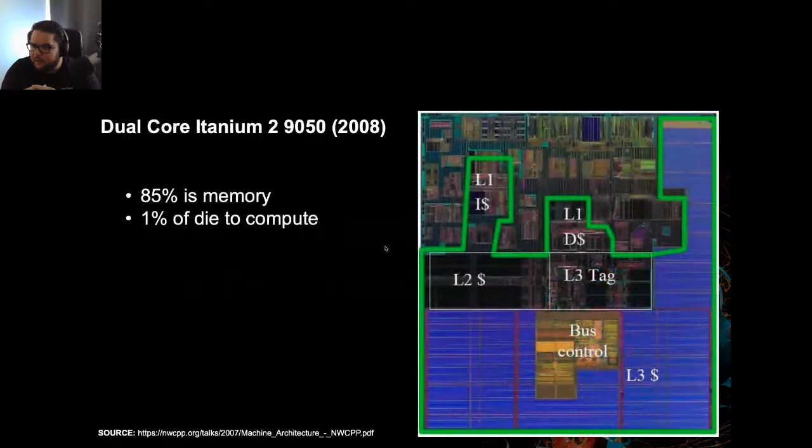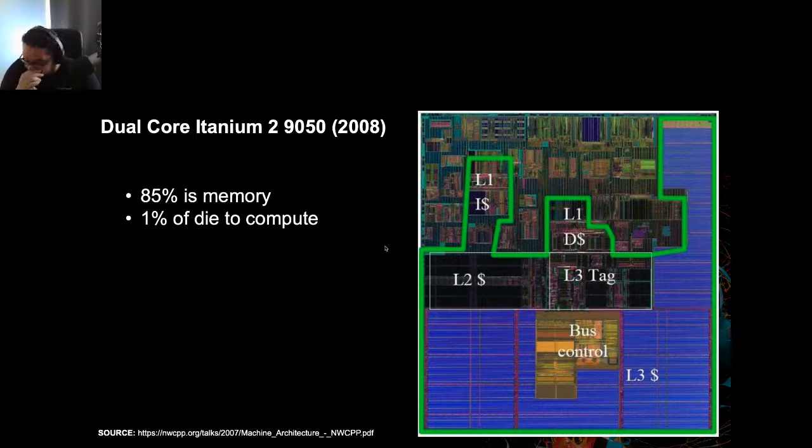If we zoom in on the architecture of a modern processor, by the way, this is kind of old, but most of them use the same architecture. For me, it was mind-blowing to realize that roughly 85% of the CPU here is just memory, and 1% is actually dedicated to compute.